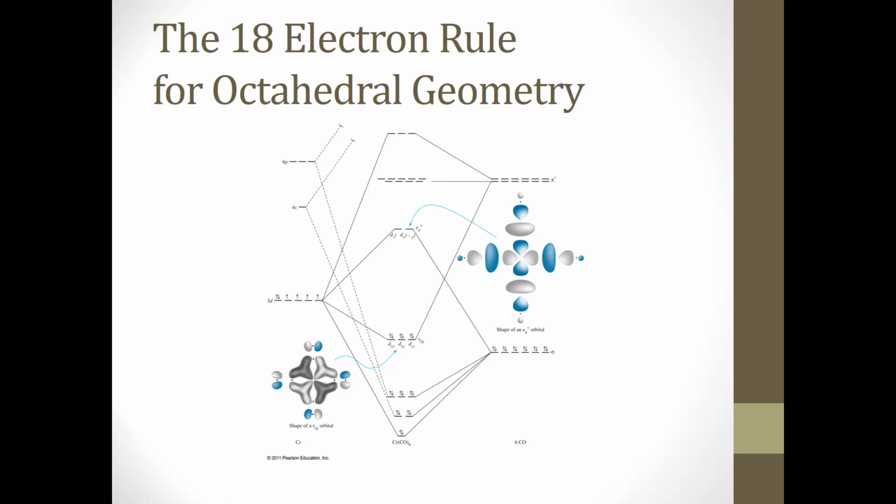So for things that are high spin, and generally for it to be high spin, this set of t2g orbitals right here probably isn't going to be bonding. It's either going to be non-bonding or maybe even slightly anti-bonding if you have pi donor ligands instead of pi acceptors. In that case, yes, fewer than 18 electrons can still be stable.